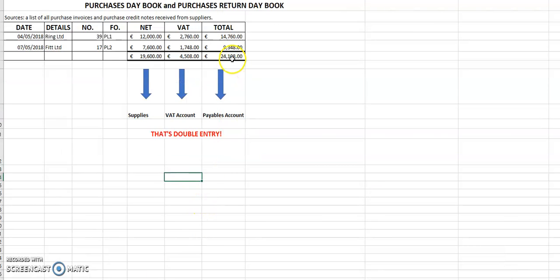Similar. So the total goes to the payables account. So sales, receivables, purchases, payables. Remember that. Total goes into payables account. Then the double entry part of it is these two added together equal that, and they are also entered in because of the double entry system. The VAT will go into the VAT account, and the net value will go into the supplies account of the general ledger.